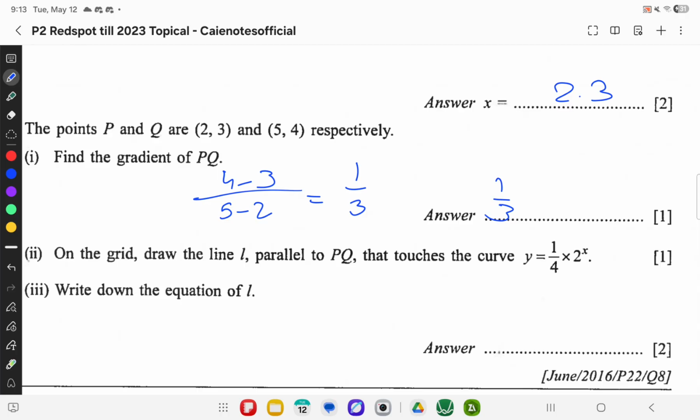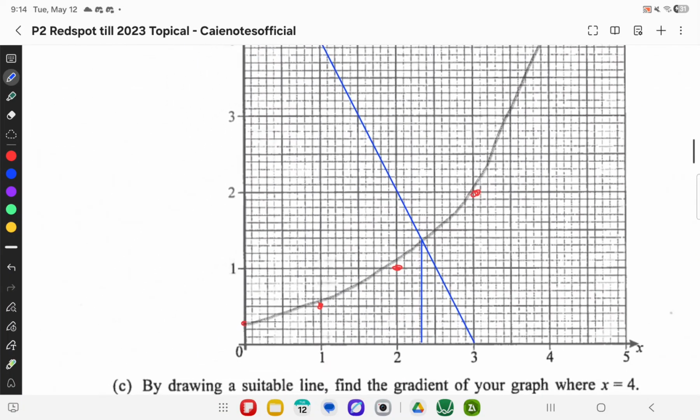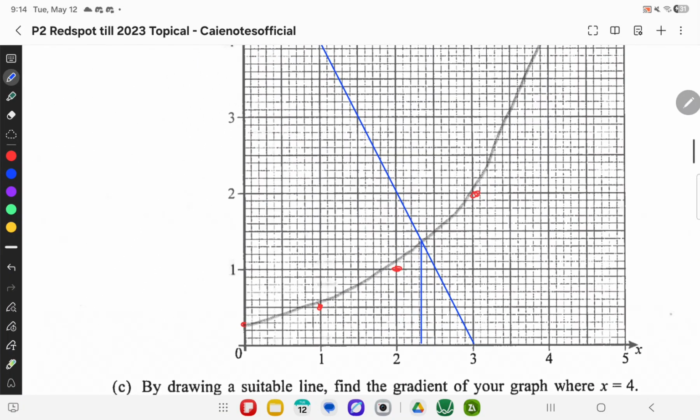So we need to draw a line with gradient 1 over 3, and it should touch this curve. So let's do 1 over 3. At 3 it should be 1, and so it should touch the curve.